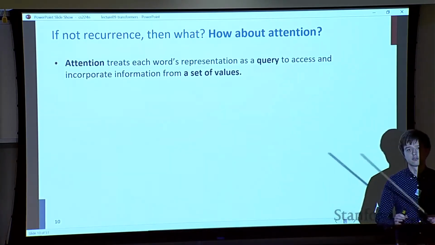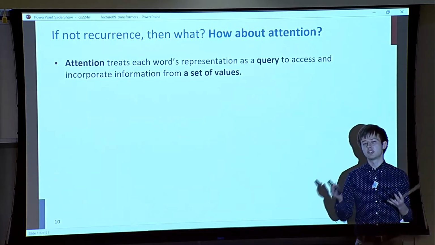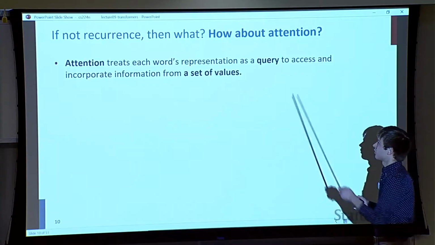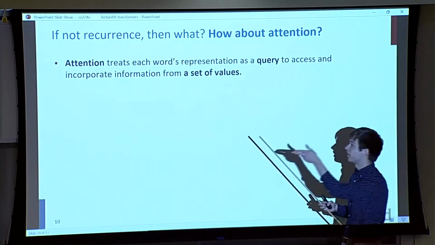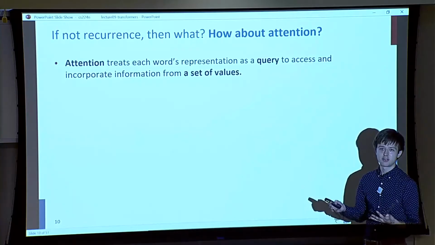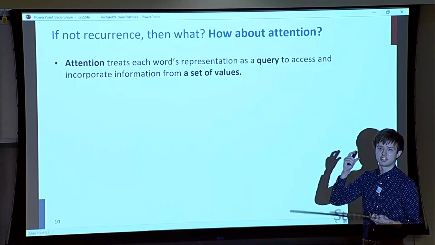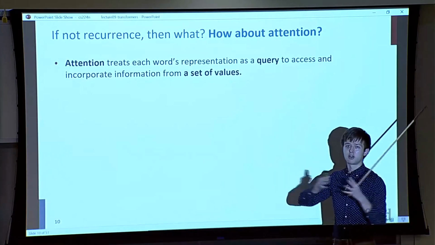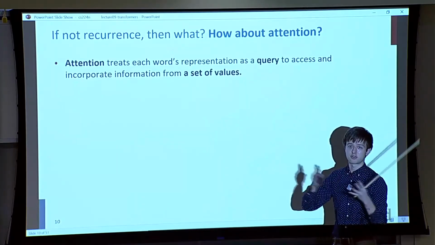Just to recall some of the intuitions of attention, it treats a word's representation as a query, and it looks somewhere and tries to access information from a set of values, right? So we had a word representation in our decoder in our machine translation systems. The set of values were all of the encoder states for the source sentence.